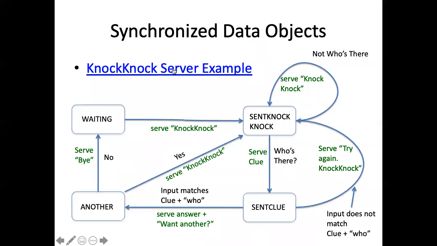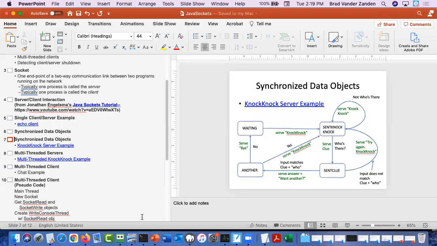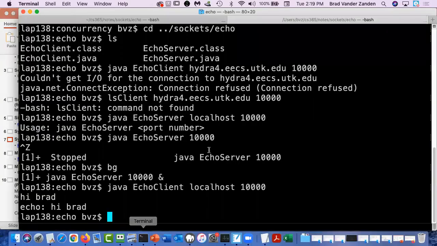So basically, we are going to be having the client do knock-knock jokes. For those of you who have never seen knock-knock jokes, I'll do it on the local machine.